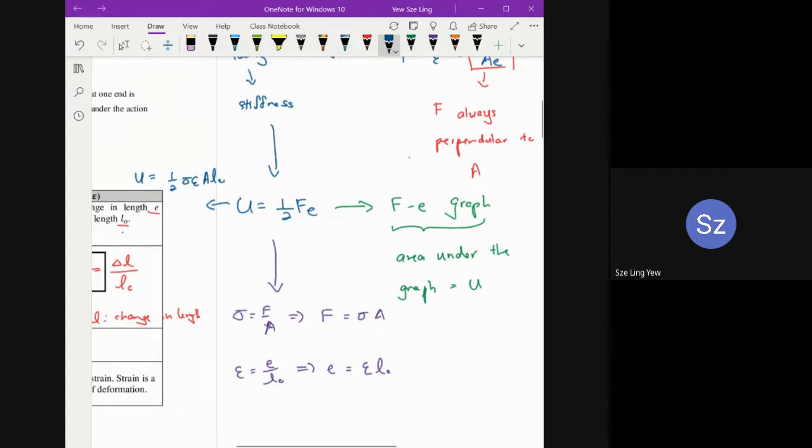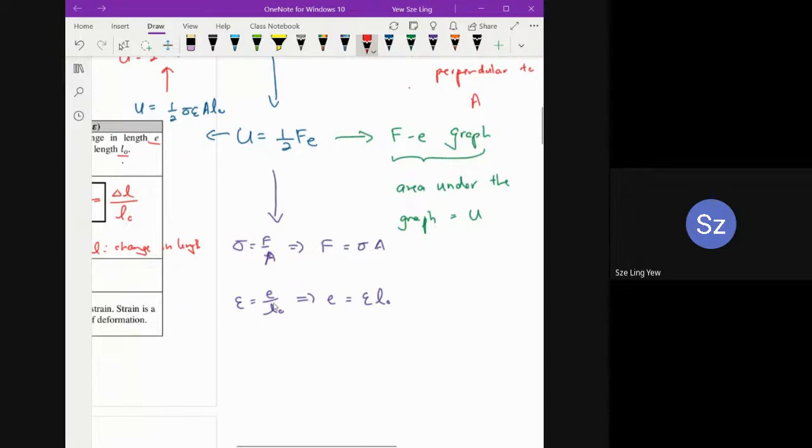If you simplify it, it becomes U equals 1 over 2 sigma epsilon V. If you rearrange this equation, you will obtain U over V equals 1 over 2 sigma epsilon.